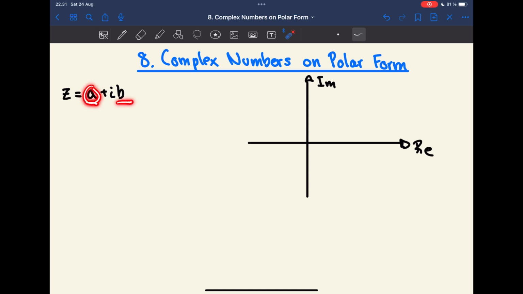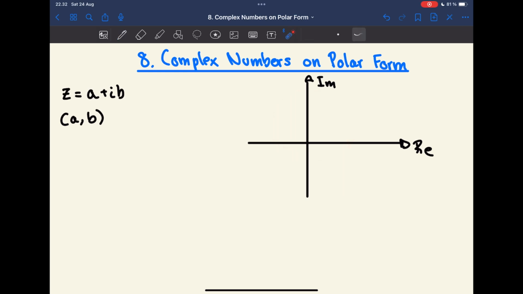So it's just a and b. Given a and b, then we can just go into the complex plane and we can say, okay, a is here, b is here. Okay, so our complex number must be here. So just by having these two numbers, a and b, then we can describe every complex number in the complex field.